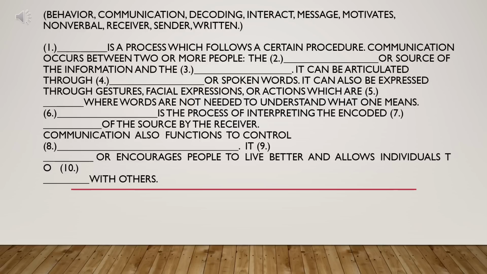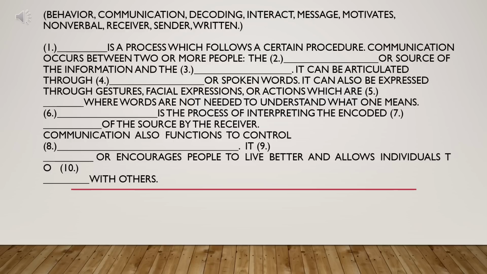Number six, blank is the process of interpreting the encoded blank of the source by the receiver. Decoded. Okay? So decoding. Decoding is the process of interpreting the encoded message of the source by the receiver. Okay. So communication also functions to control blank. Of course, that is behavior.